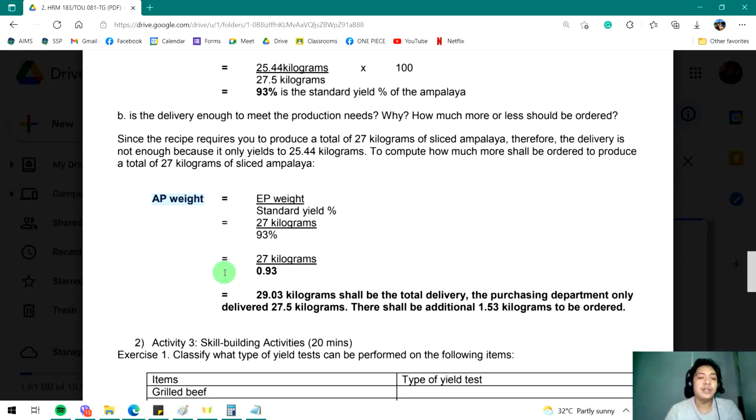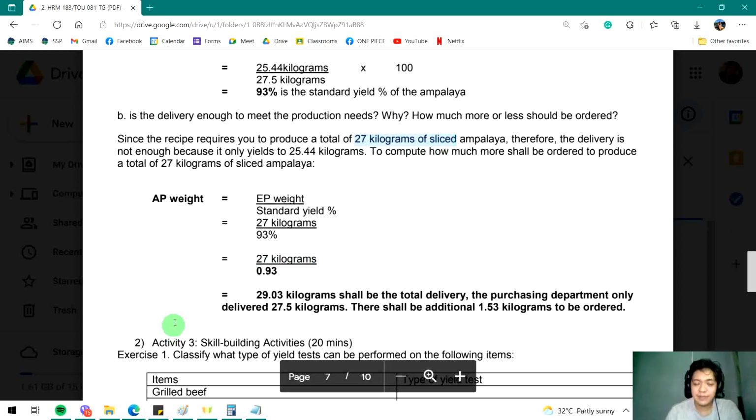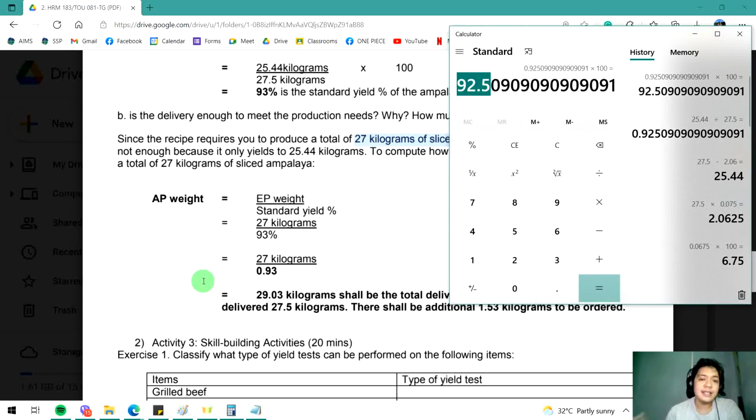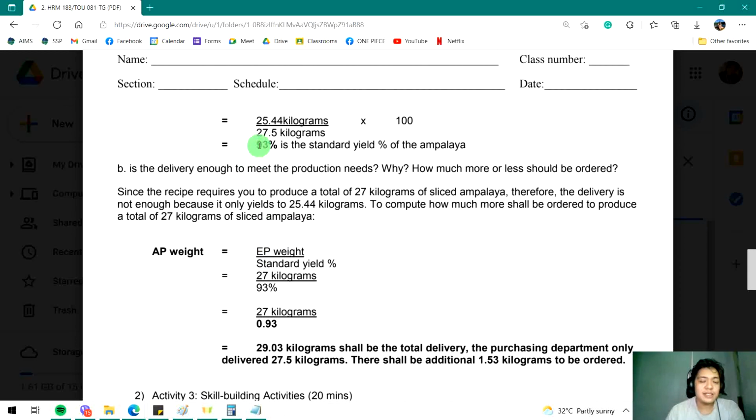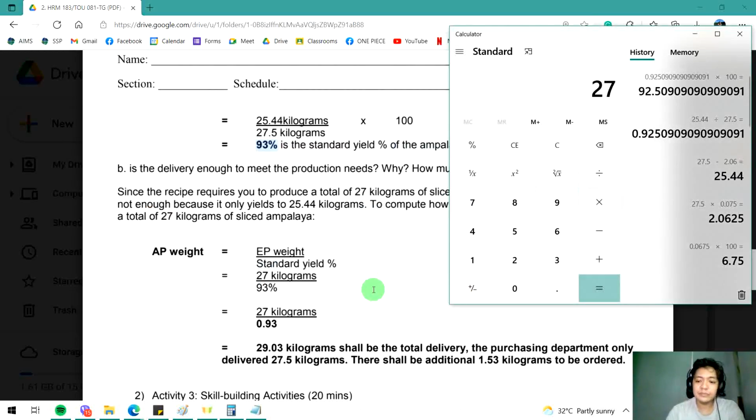Para makuha yon, we have to divide EP weight over the standard yield percentage. And the EP weight is 27 kilograms kasi yun yung kailangan natin, yun yung hinahanap. That is the given. Ang given natin is EP weight, this is 27 kilograms, divided by the standard yield percentage that we got earlier, which is 93%, divided by 93.